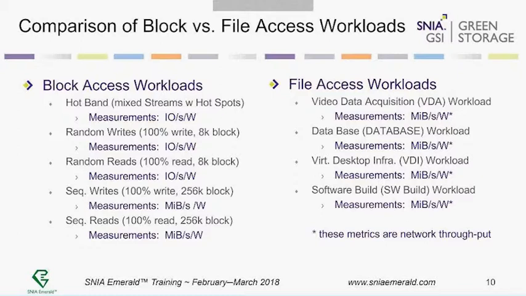We can go into that in a little bit of detail later on. But anyhow, this is to contrast and compare the workloads and what's actually being measured in association with those workloads. Again, it's IOPS on the block side, and it's all megabytes per second on the file access workload side.